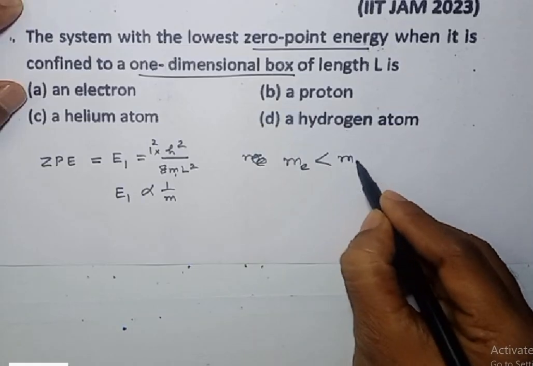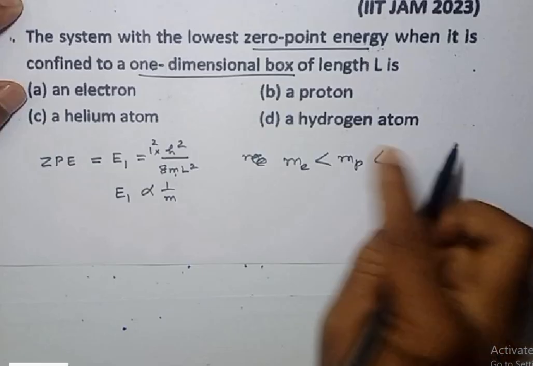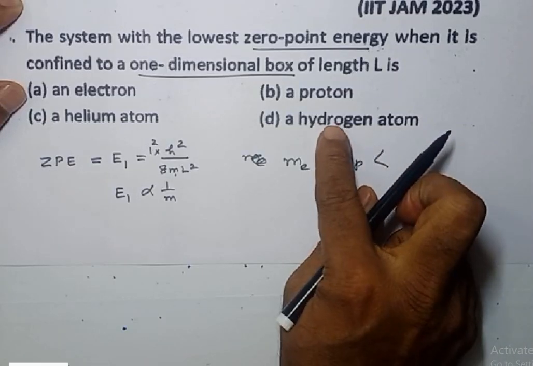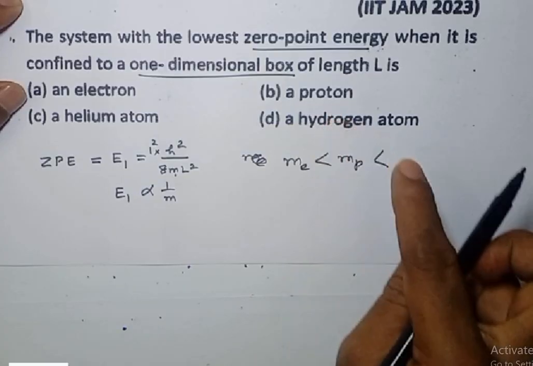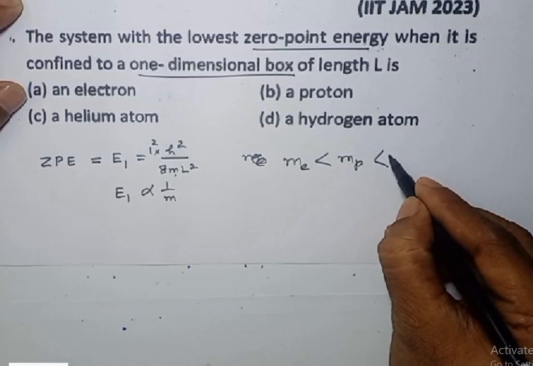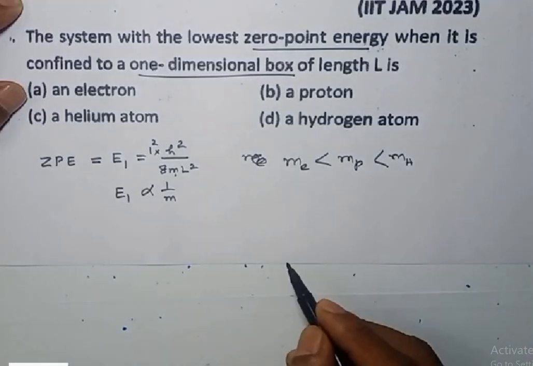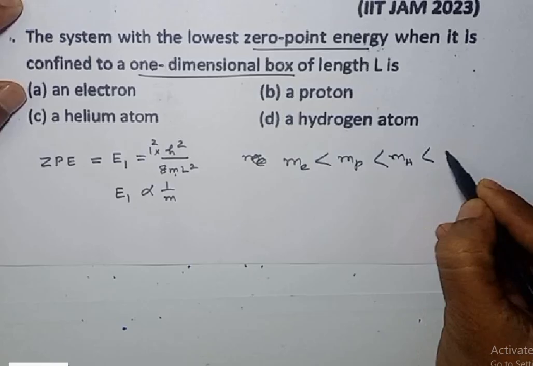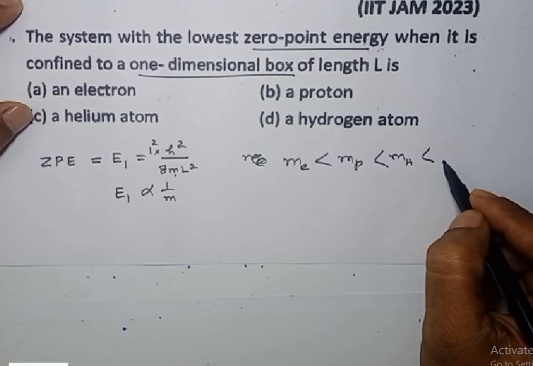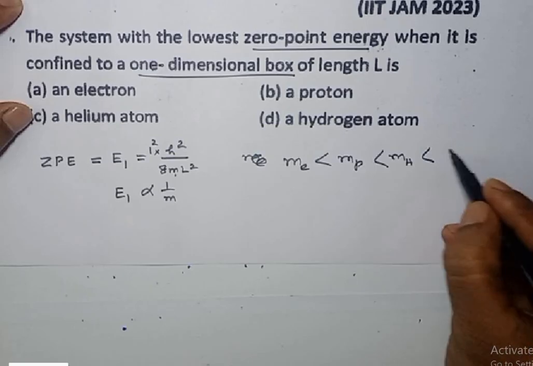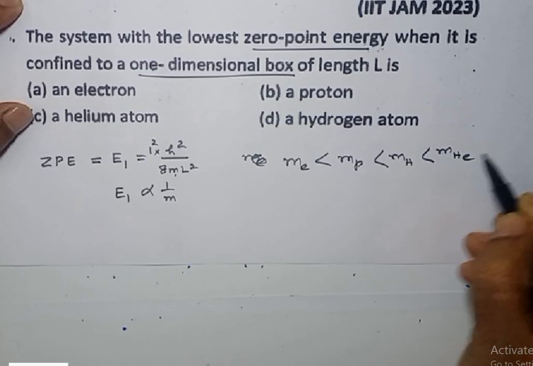Then the mass of a proton. In the case of a hydrogen atom, we have a proton and an electron, which is slightly heavier than the mass of a proton, slightly heavier. And if you go to the helium atom, which consists of 2 protons, 2 neutrons and 2 electrons, which is heavier among the 4?